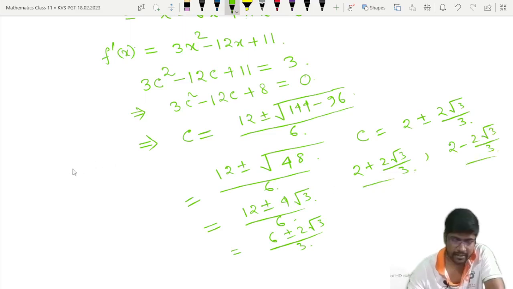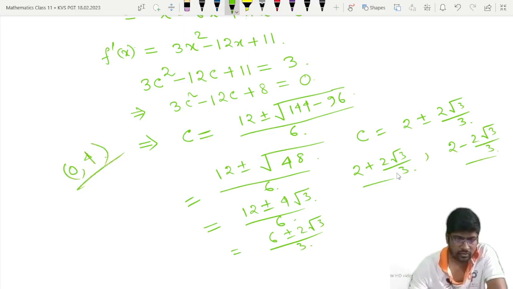So where they will lie, that is the question, whether they will lie inside this interval 0, 4 or not. Now the value of root 3 is 1.732, I think.